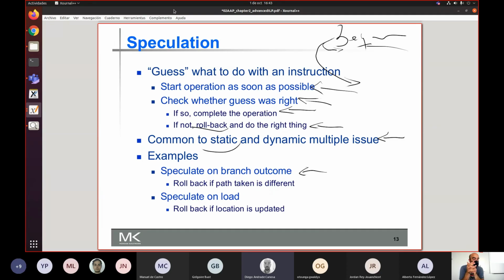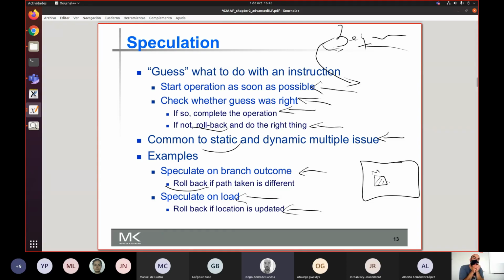Another thing where you can speculate is on a load operation. Normally, when you load something from memory, it's very hard to know if this memory position is going to be updated or not by a previous store operation, okay? So you have many instructions in your code.